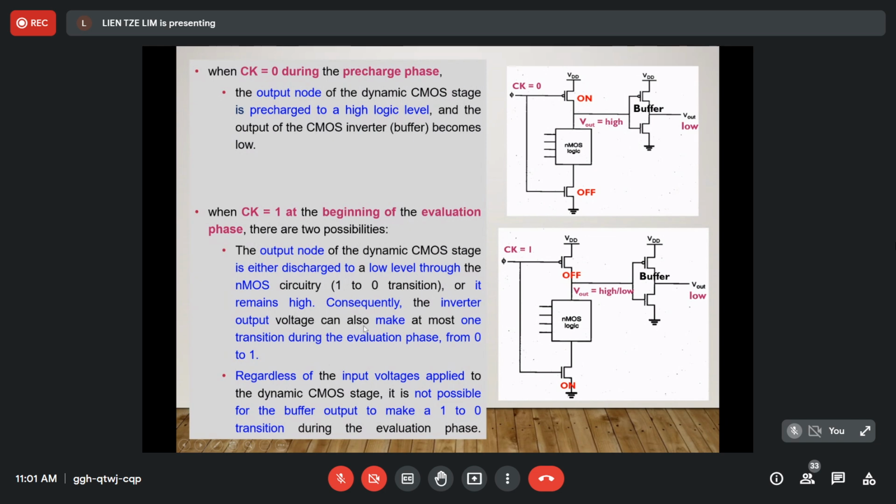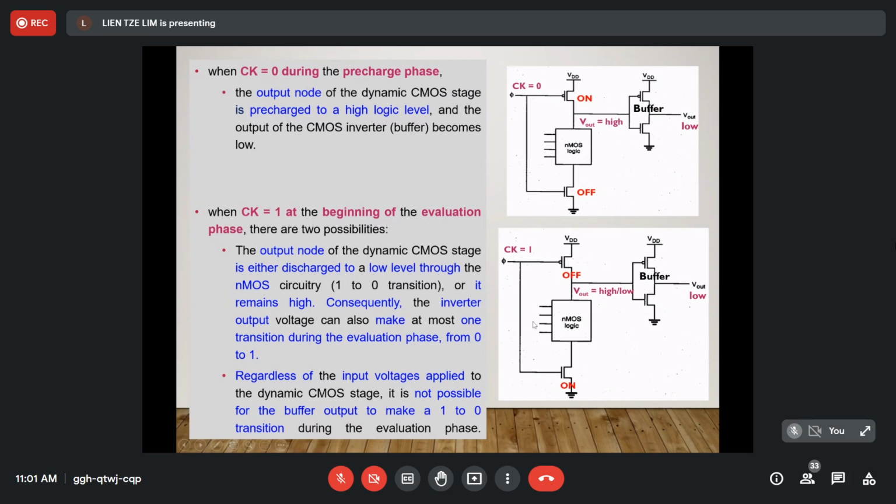The output can be high or low depending on the input voltage to the NMOS transistor. Regardless of the input voltages applied to the dynamic CMOS stage, it is not possible for the buffer output to make a 1 to 0 transition during the evaluation phase.